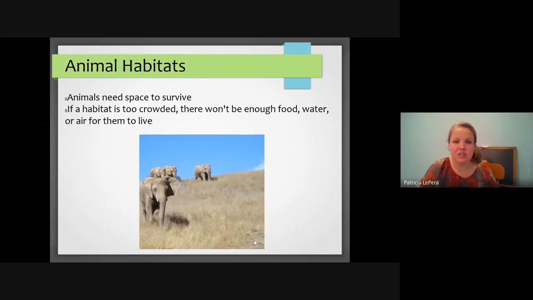If a habitat is too crowded, there won't be enough food, water, or air for them to live. So a natural habitat would have a lot of space. Or a habitat at a zoo, they would want to make sure that they're giving them enough space that they didn't feel too crowded.